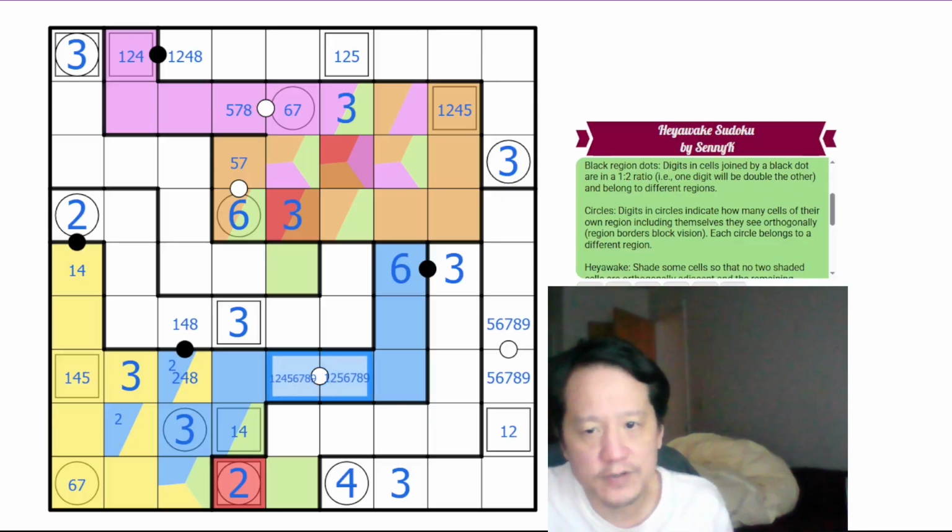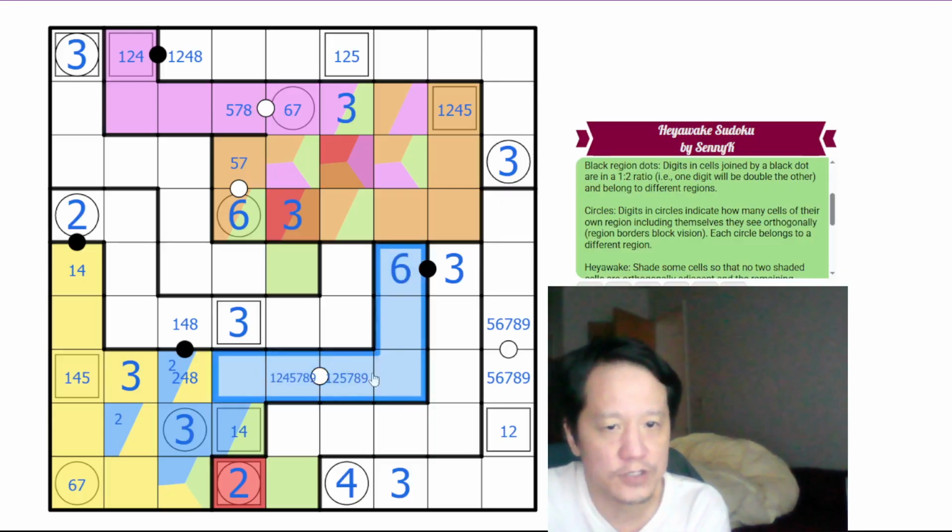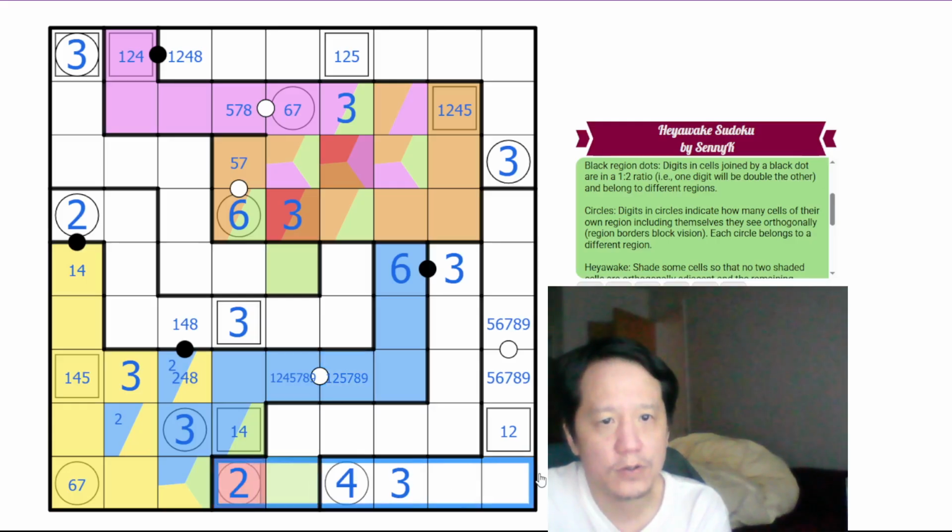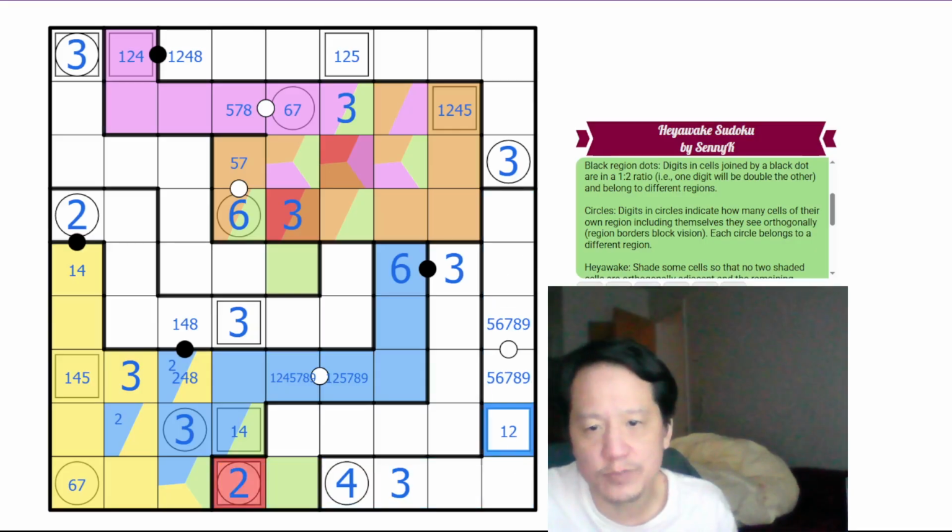This cannot have a 6 here because of the 6 in the region. 6 is not as restrictive. 2 cannot be here. 2 cannot be here. So in this region, 2 has to be one of these 3. Cannot be here.